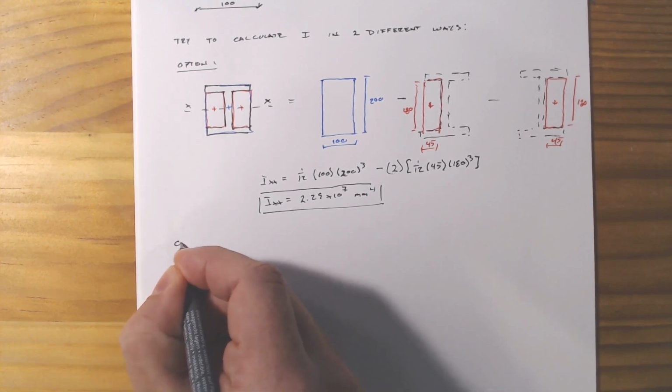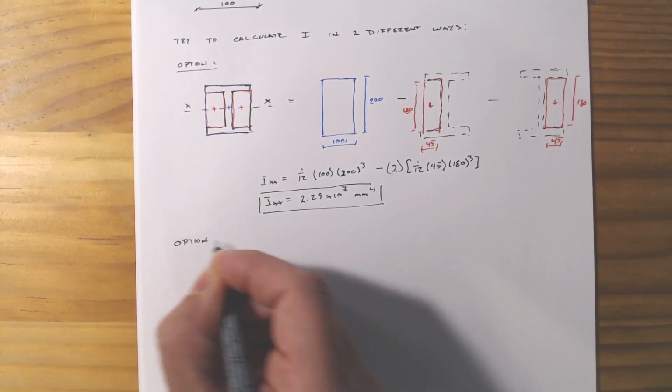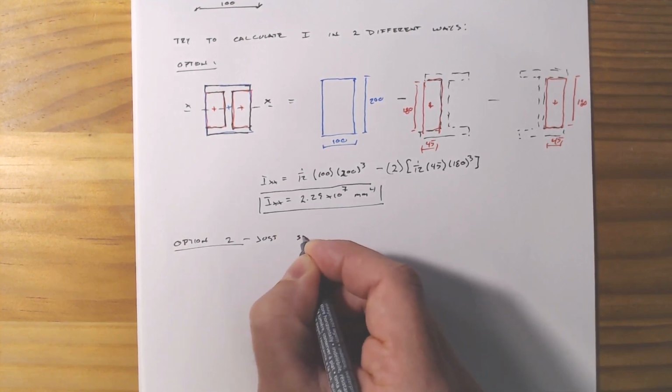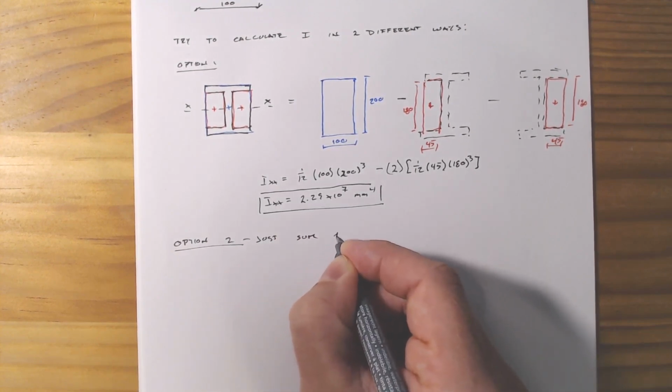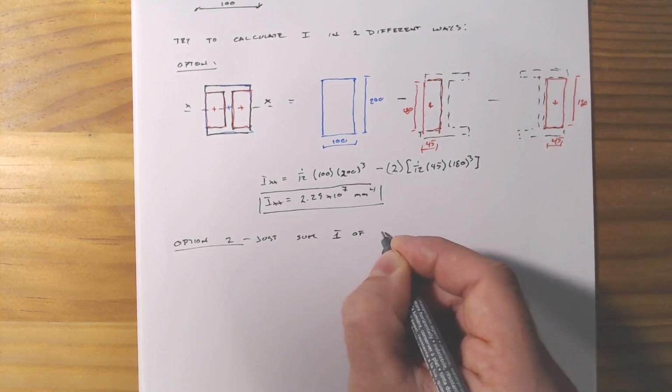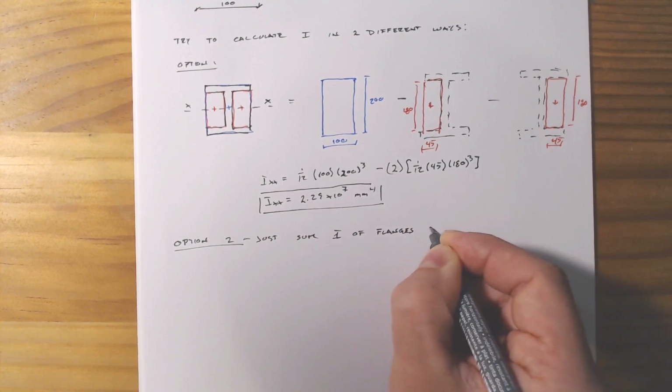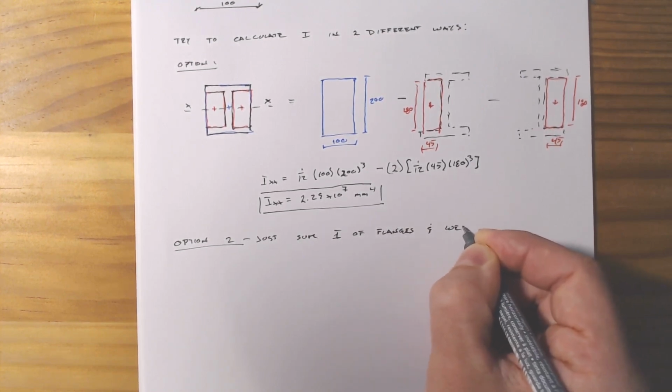So, option 2: just the sum of flanges and web.